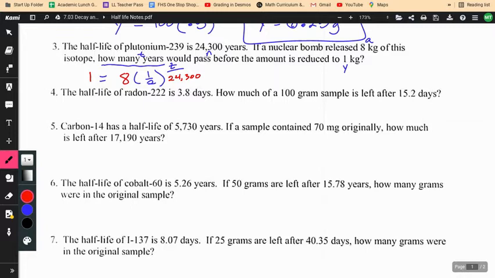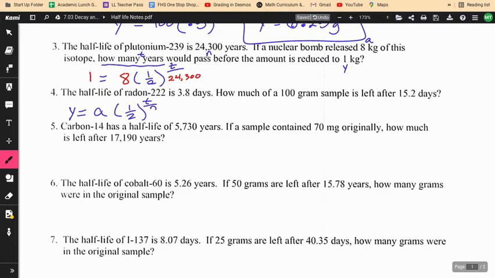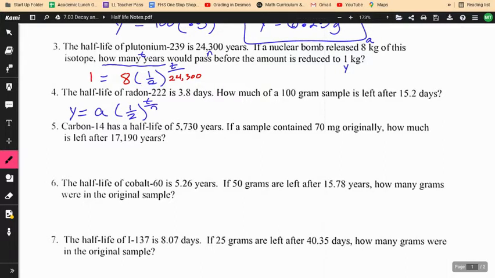Okay, same thing with number 4. I'm going to start with my final amount is equal to my initial amount times 1/2 raised to the power of T divided by N. The half-life of radium-222 is 3.8 days. So this is N. How much of a 100-gram sample, initial amount, is left after 15.2 days?